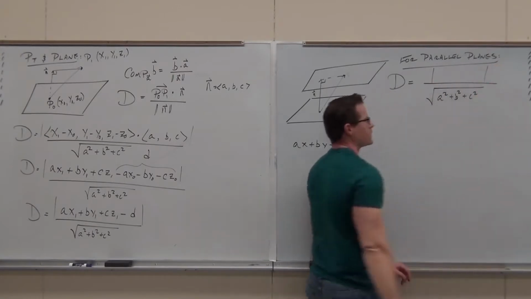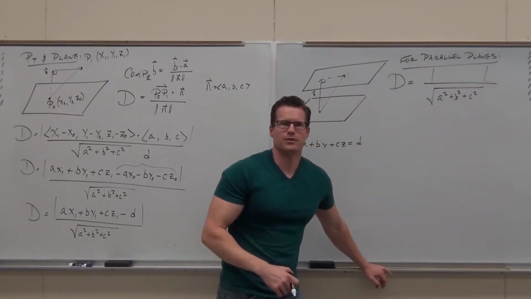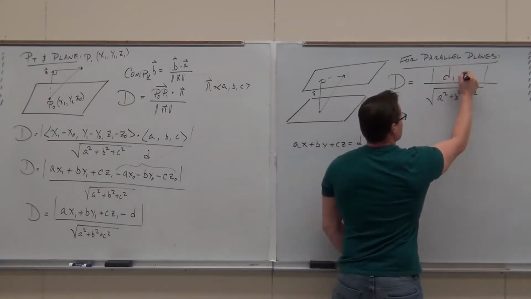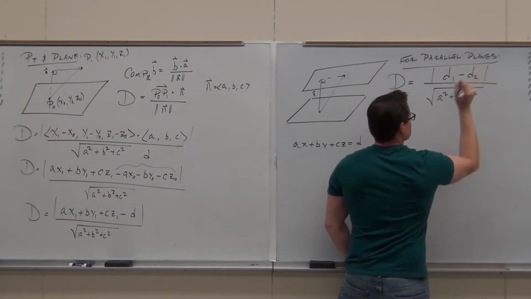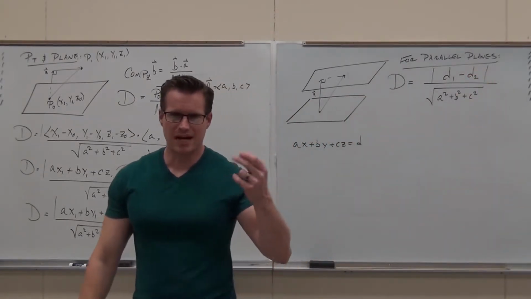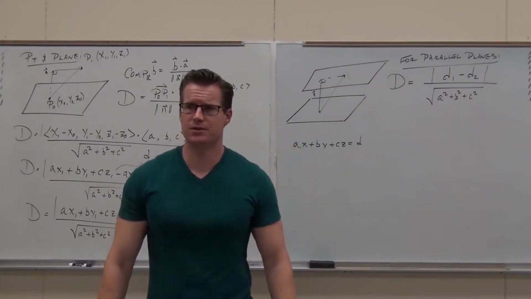It's still an absolute value, I want a positive. The great part about it is the only difference between the planes is the D's. Take the D's, subtract them, find the absolute value of that, divide by the magnitude.